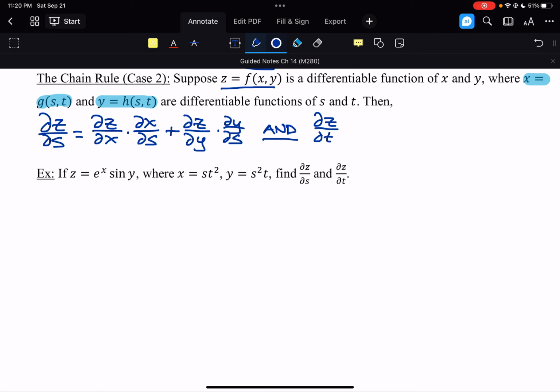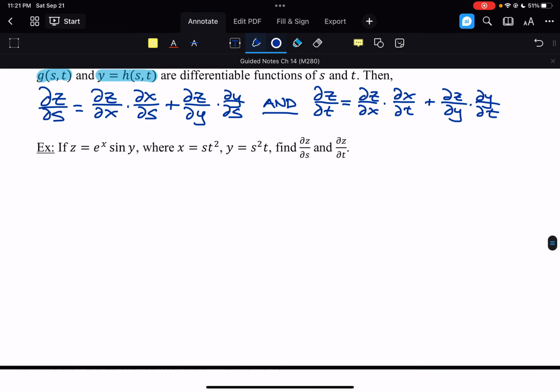Partial z with respect to t will look pretty similar: partial z with respect to x times partial x with respect to t plus partial z with respect to y times partial y with respect to t. So we have two of the innermost variables, so we have two separate partial derivative formulas. Notice all of these derivatives now are partials, because at every level we have choices of multiple variables to differentiate with. So let's take a look at an example with this one.